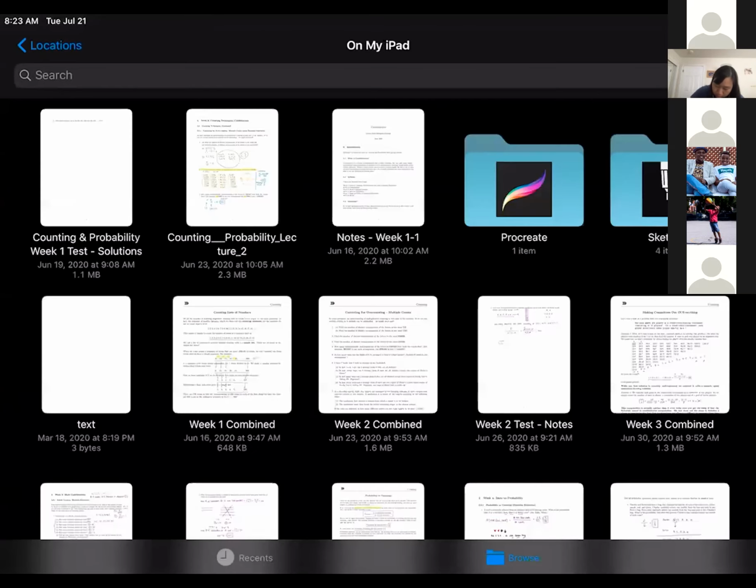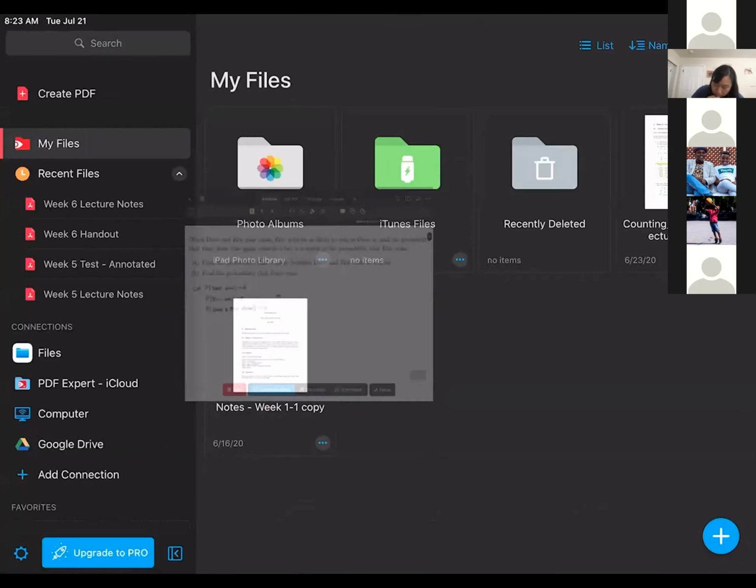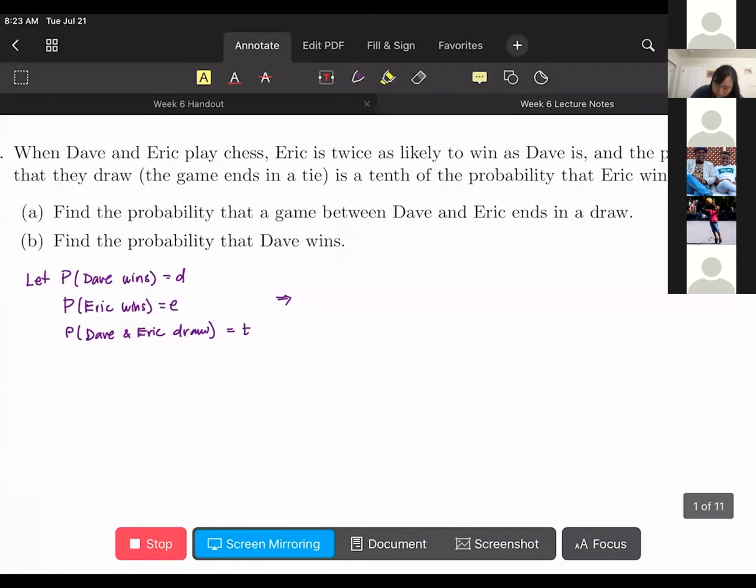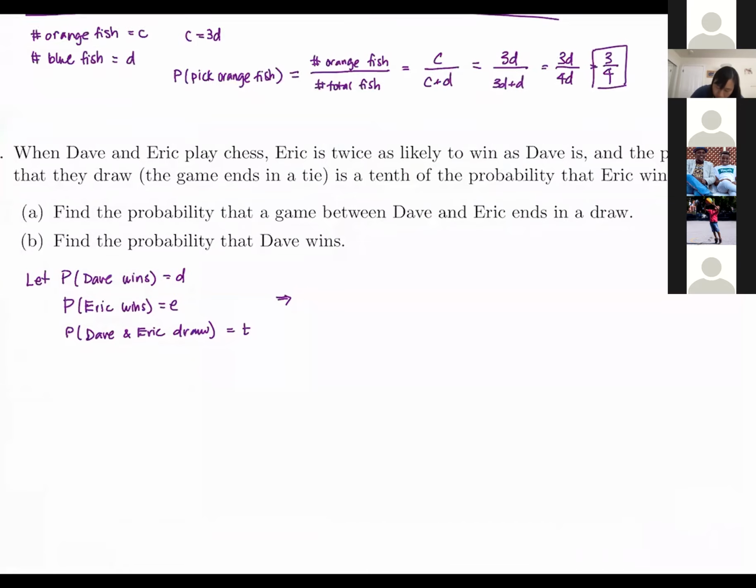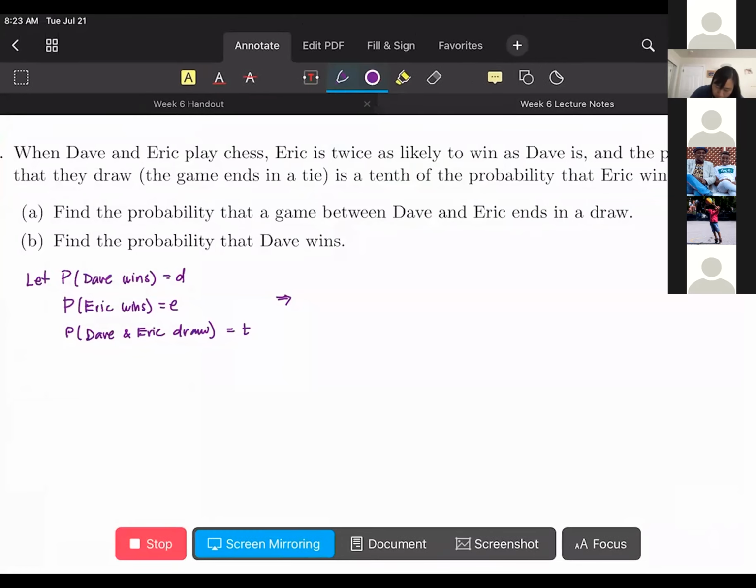And since the likelihood of them drawing is 1/10 the probability of Eric winning, T equals 1/10 E. Cool, so you said E equals 2D, and then the probability that they draw is 1/10 the probability that Eric wins. Yeah, T equals 1/10 E.